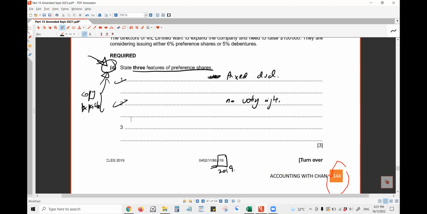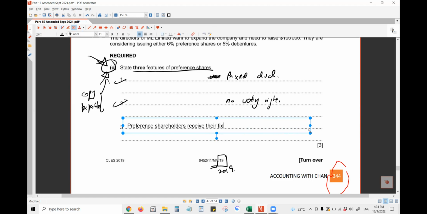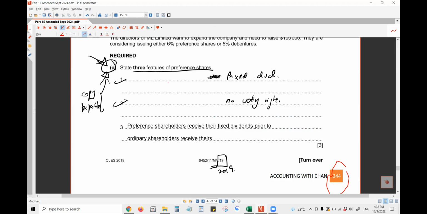So you write. Prior to means before. Okay, prior to means before. Before. Okay. 3 features. Features means characteristics. Okay, characteristics.